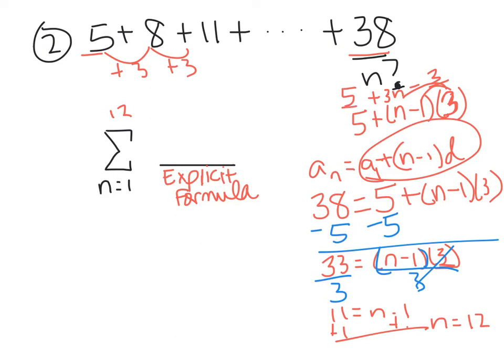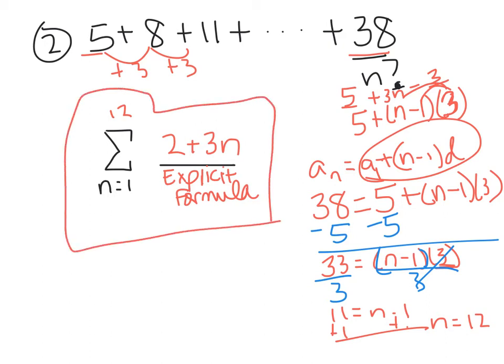Combining like terms, you are going to get 2 plus 3n as your explicit formula. This can seem really confusing because you're just trying to write the series in summation notation, and really that's so that when you see a summation notation with a formula, you know what to do and you know what to recognize.